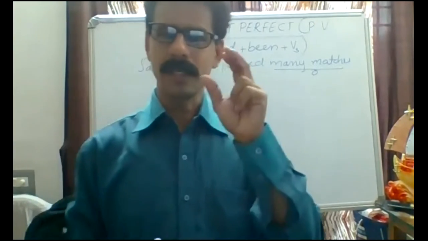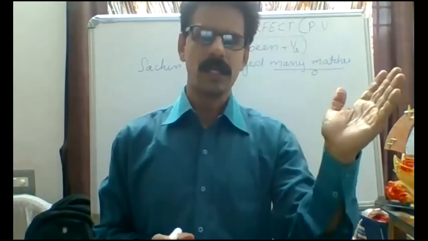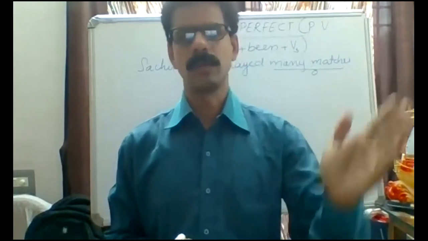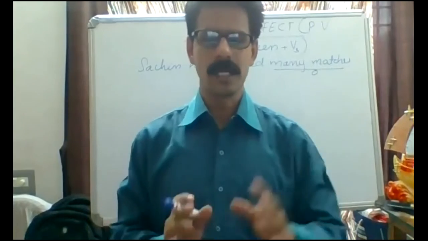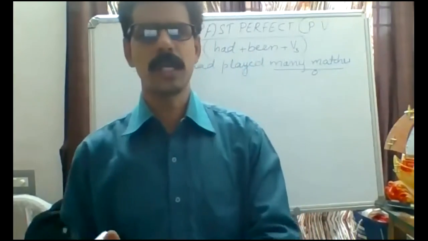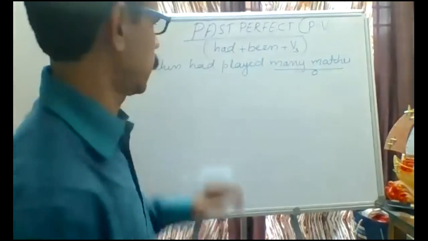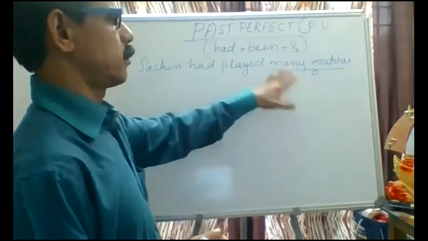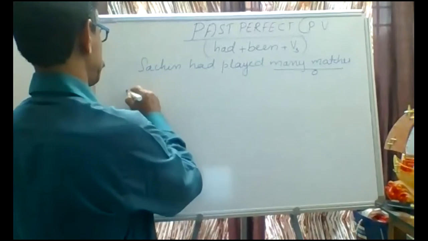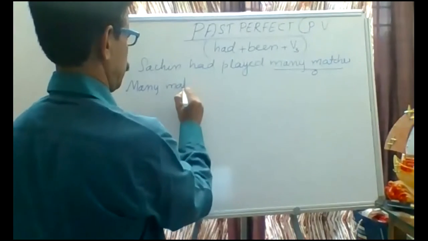Object means when the doer of the action does a work, its effect goes on whom or on which. That is, the result of the action reflects on the object. That is the object. Okay, here we must start with many matches.